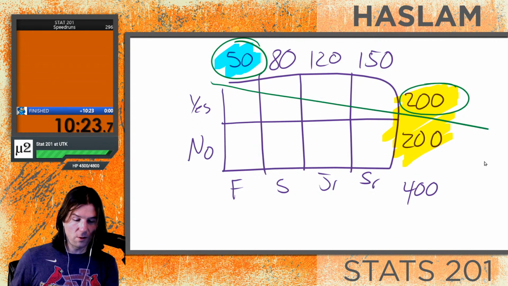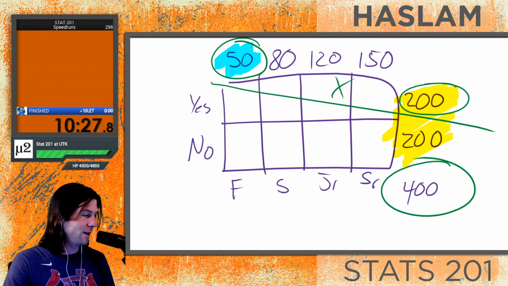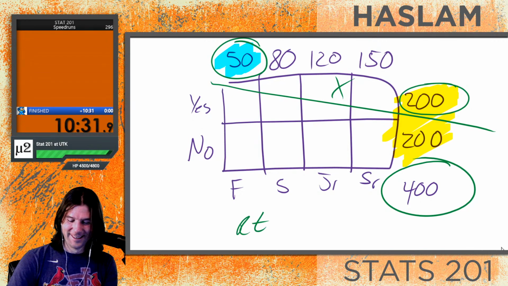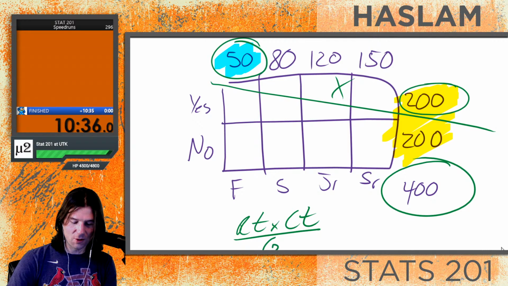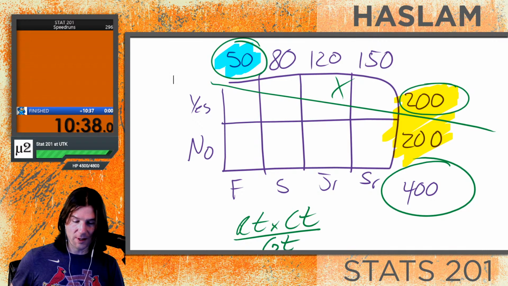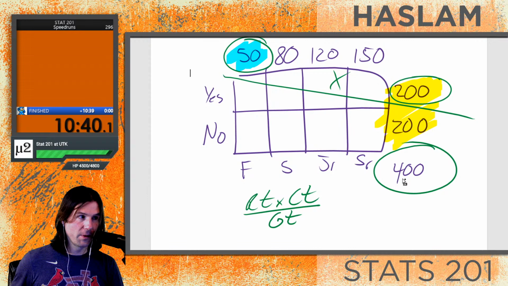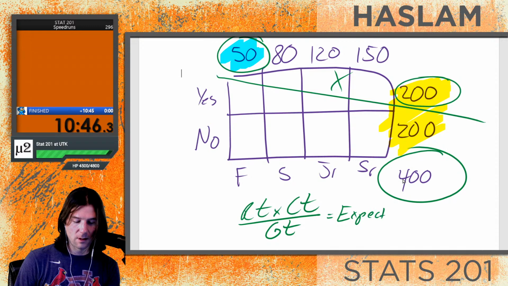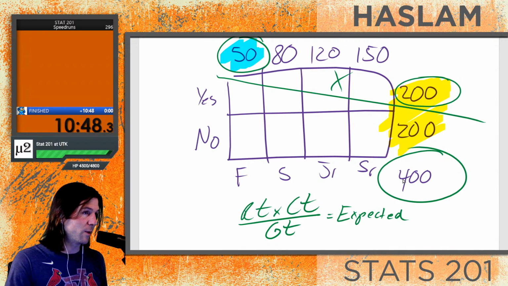And it's row total times column total over grand total equals the expected cell count. And we've drawn the formula right here.